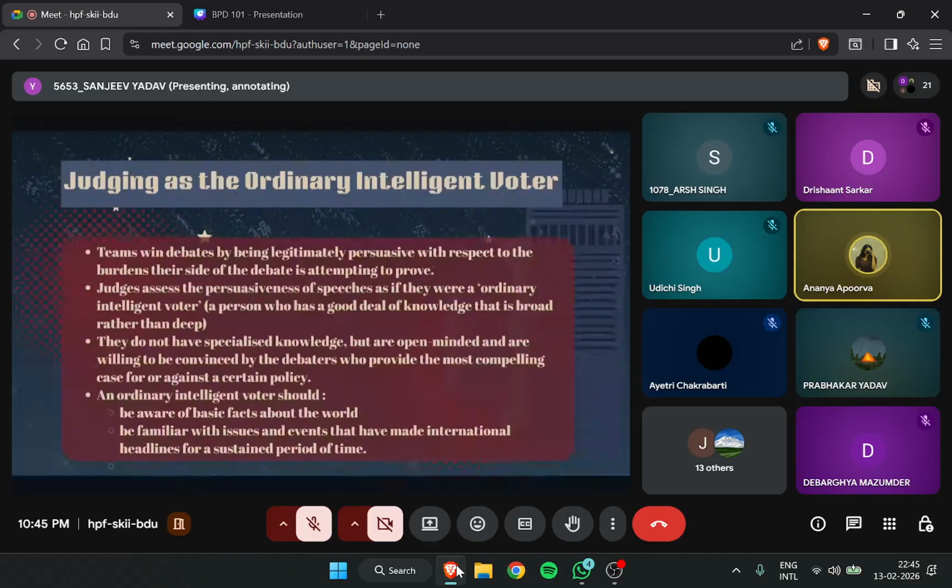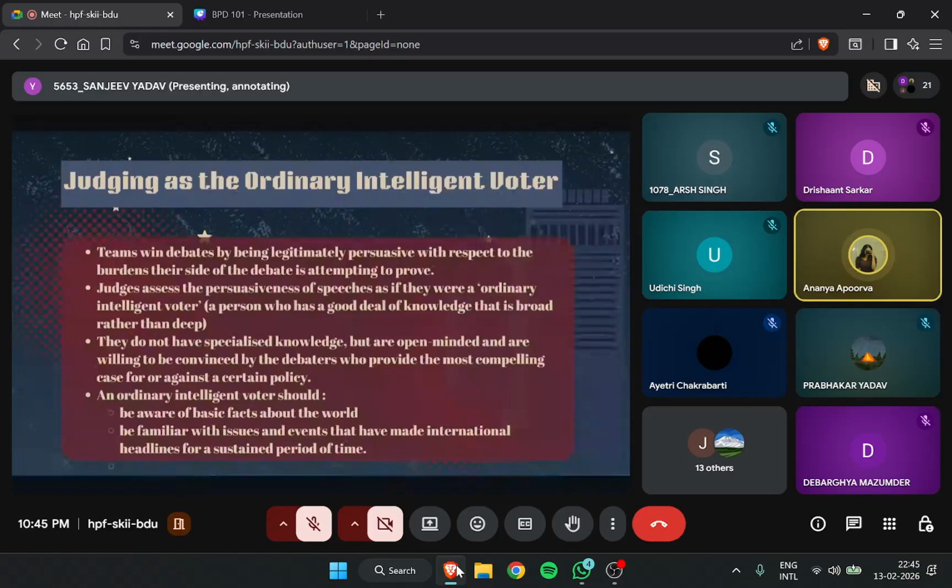Now, judges judge your debates as an ordinary intelligent voter. That is, judges, if you are judging a debate, you must judge it as an ordinary intelligent voter. That's someone who has broad rather than deep knowledge, meaning they're informed about relevant facts but do not have specialized knowledge about it. For example, let's say there's a scientific revolution about something.